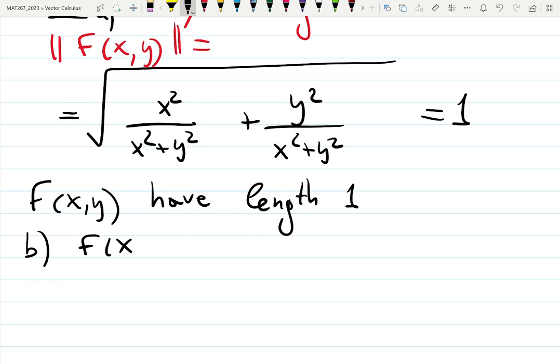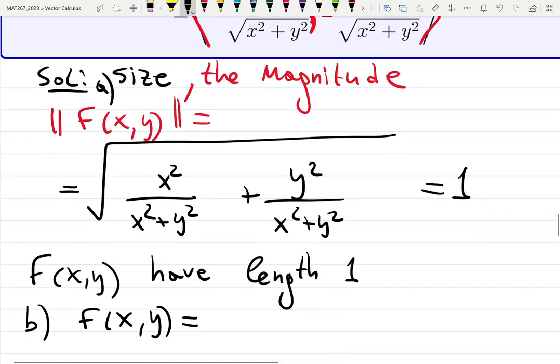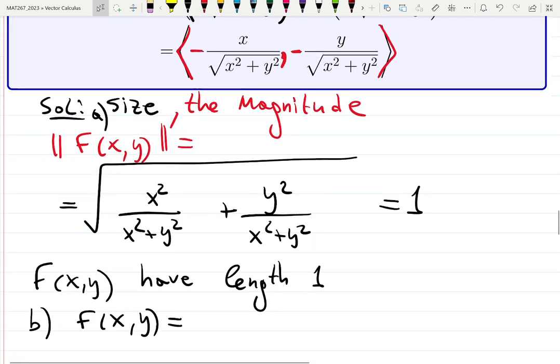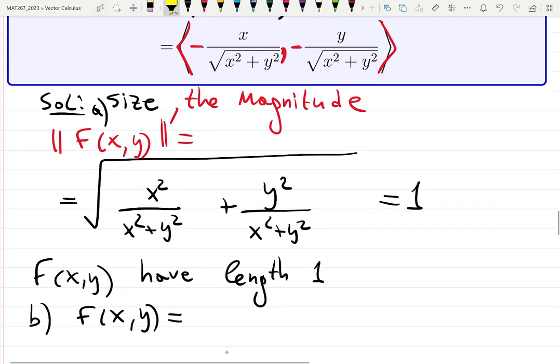If I'm going to rewrite f of x, comma, y, I will not multiply by x, y, I will factor it out. I would say that is even better. So x and y are here.